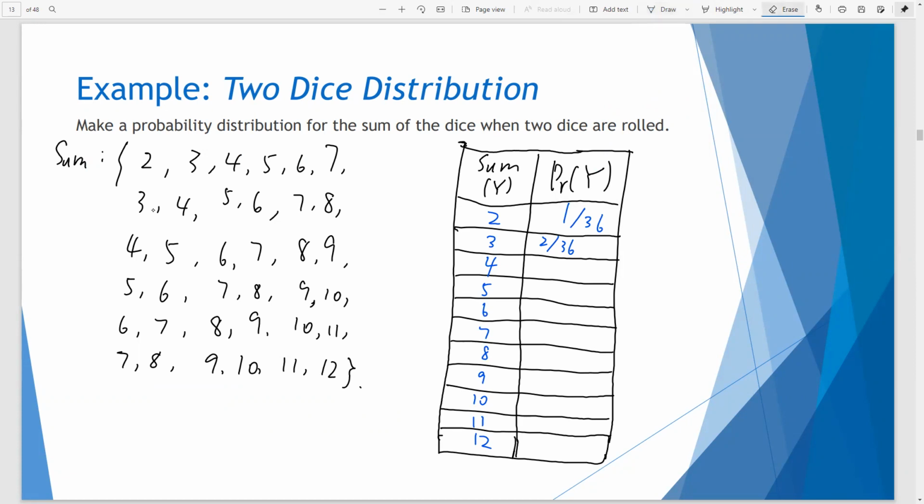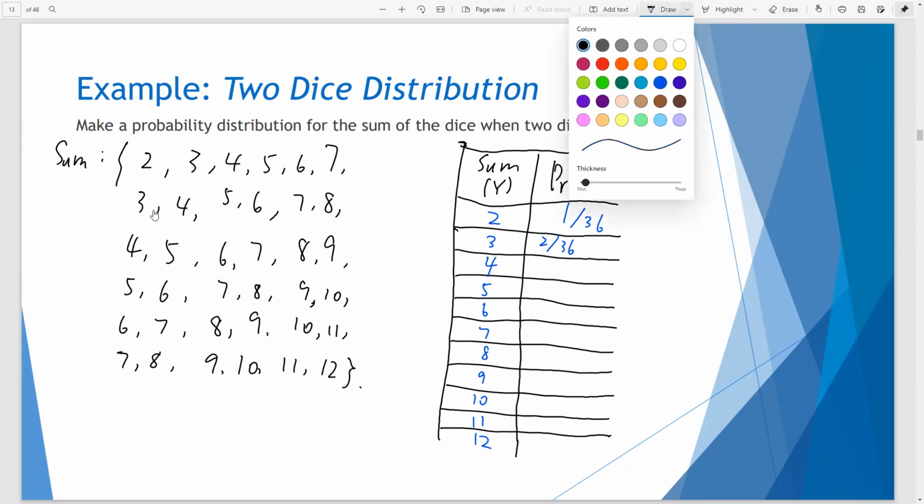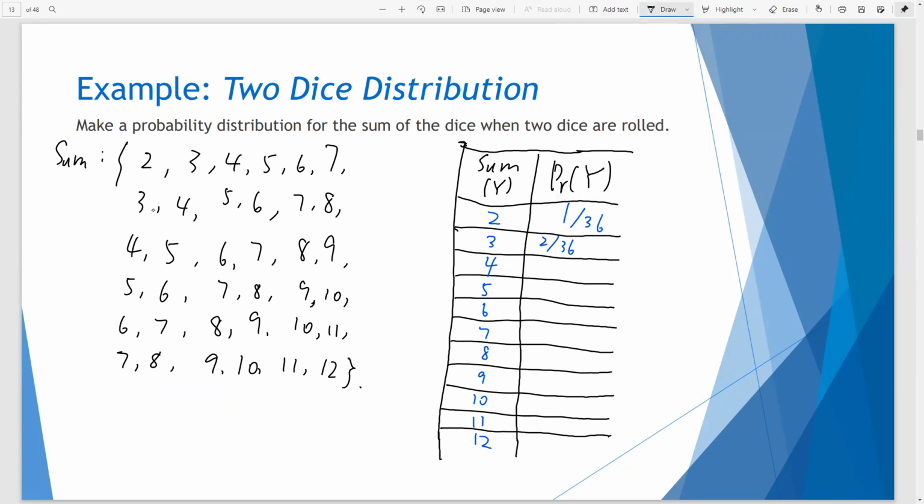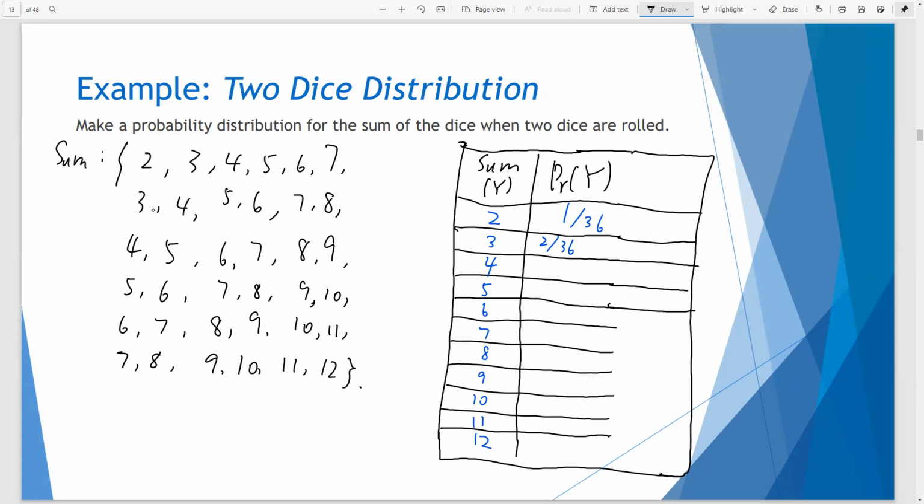Maybe I'm going to erase the right side to put the decimals for the likelihood. Extend each row a little bit so I'm able to write down the decimal answer in addition to the fraction.